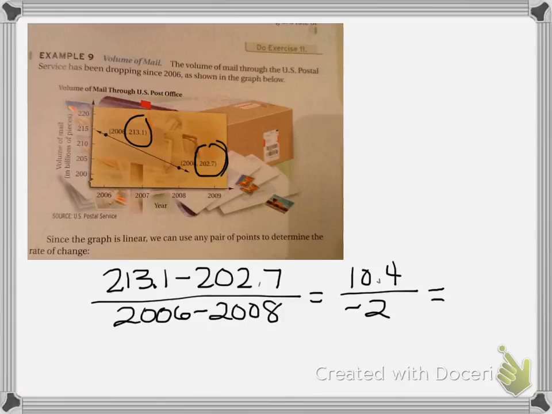So that means it went down 10.4 billion pieces of mail in 2 years because the slope is negative. So if we divide that out and find out how much it went down per year, we would get negative 5.2 billion pieces per year.